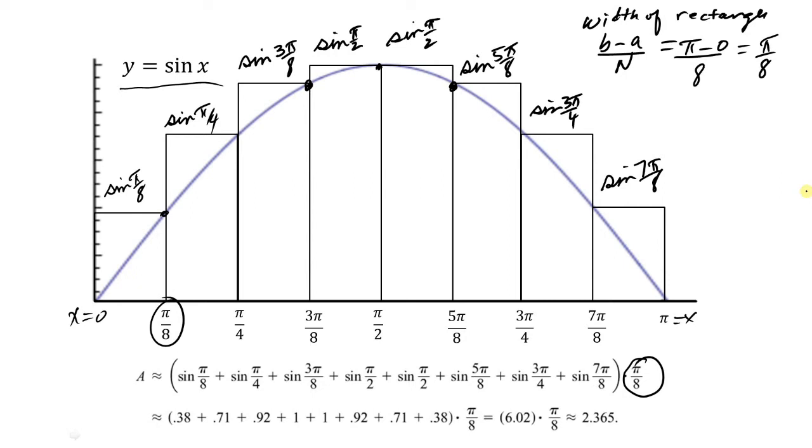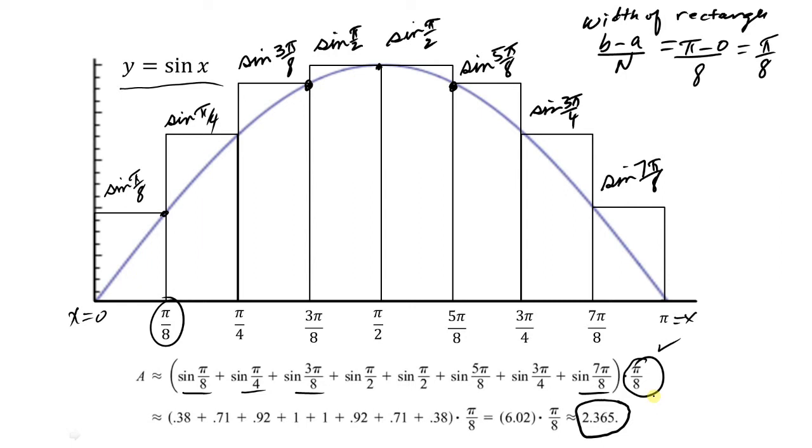And here it's just a simple matter of putting this in your calculator. Sine of pi over 8, sine of pi over 4, all the way down to sine of 7 pi over 8. Why don't you put this in your calculator and multiply the total by pi over 8? And you get that the area under this curve is estimated to be about 2.365.